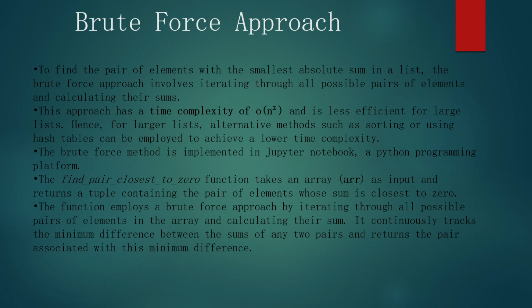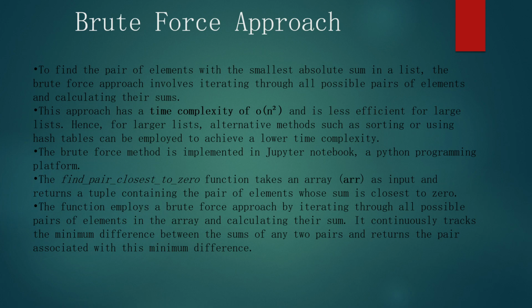Hence, for larger lists, alternative methods such as sorting or using a hash table can be employed to achieve a lower time complexity. The brute force method is implemented in Jupyter Notebook, a Python programming platform.